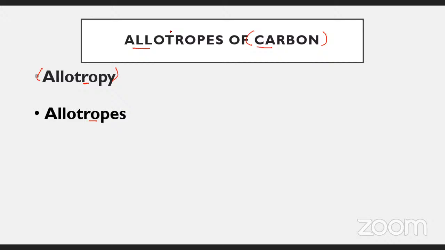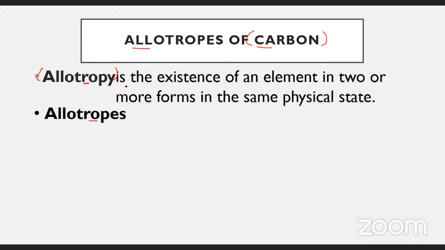Martha says it is an element that exists in 2 or more different forms. Okay, thank you, Martha, for trying. So let's look at what I have. So you're saying that allotropy is the existence of an element in two or more forms in the same physical state.